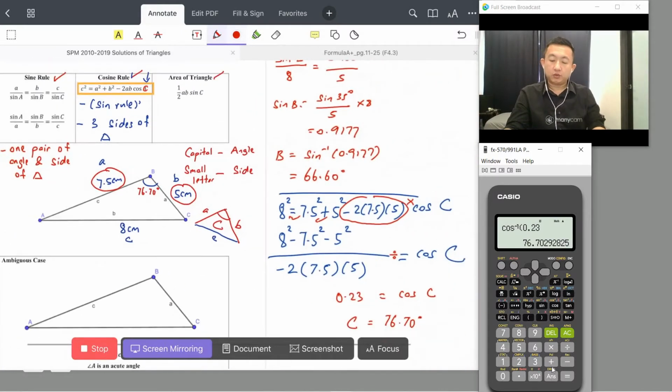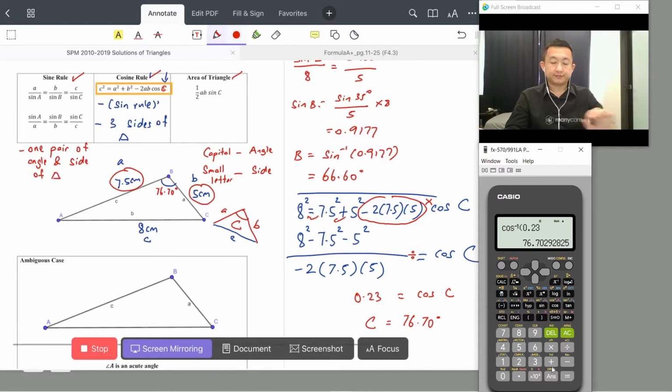There you go. This is how you apply the cosine rule. When you cannot apply the sine rule, because you do not have one pair of angle and side of the triangle, you apply the cosine rule. Or one of the situations is when you have three sides of the triangle, you apply the cosine rule. You do not have any angle that you know.